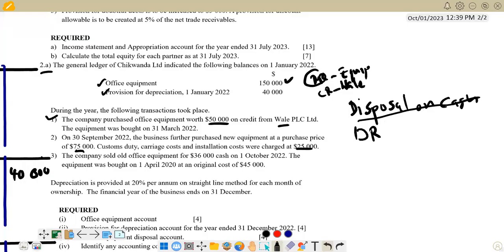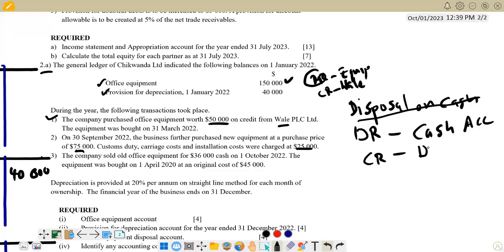So when we have such a scenario, we debit cash because we are receiving cash. This one has been sold for cash. So we debit the cash account, and then we credit disposal.